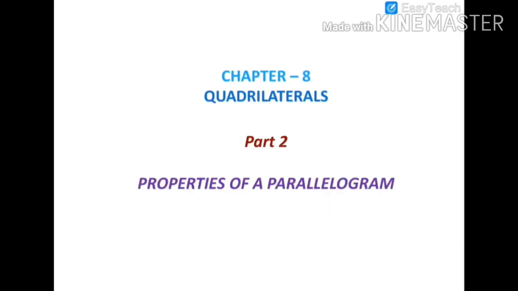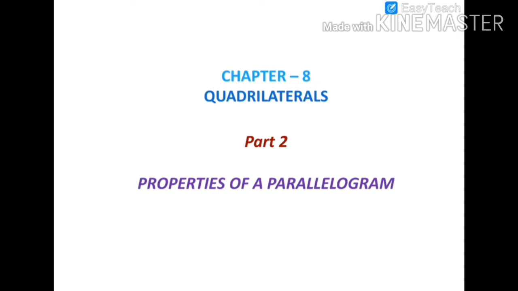We have started with chapter 8 Quadrilaterals. In yesterday's class we revisited basic concepts of a quadrilateral. We learnt about the angle sum property of a quadrilateral, and we learnt about 6 different types of quadrilaterals and also saw how they are related to each other.